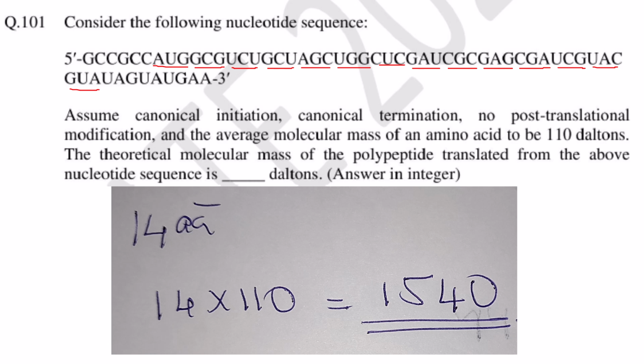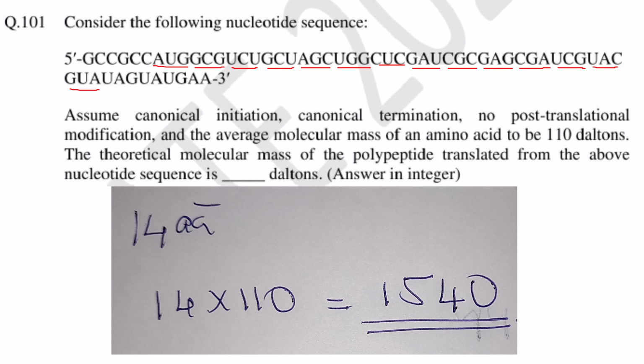UAG is a stop codon. So 14 amino acids are produced, and the molecular mass of one amino acid is 110 Daltons. So the molecular mass of 14 amino acids will be 14 multiplied by 110, that will give you 1540.